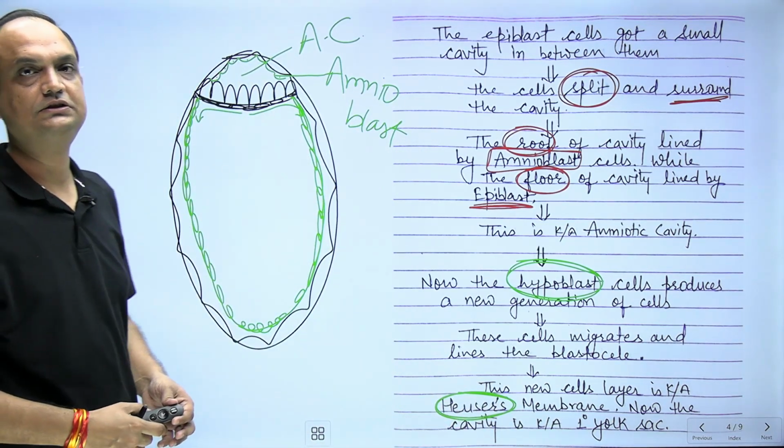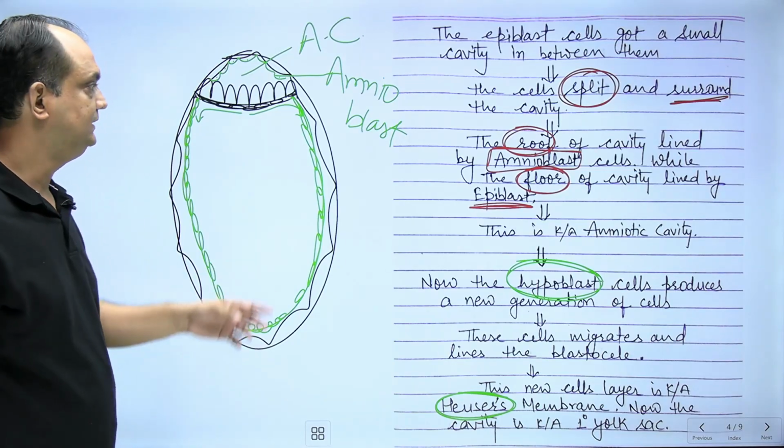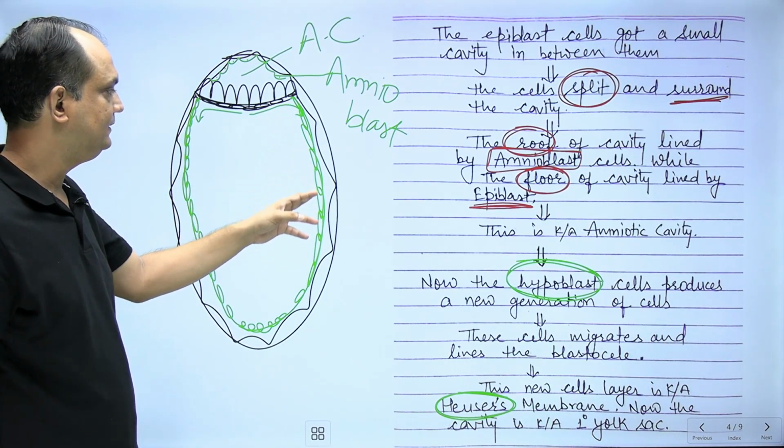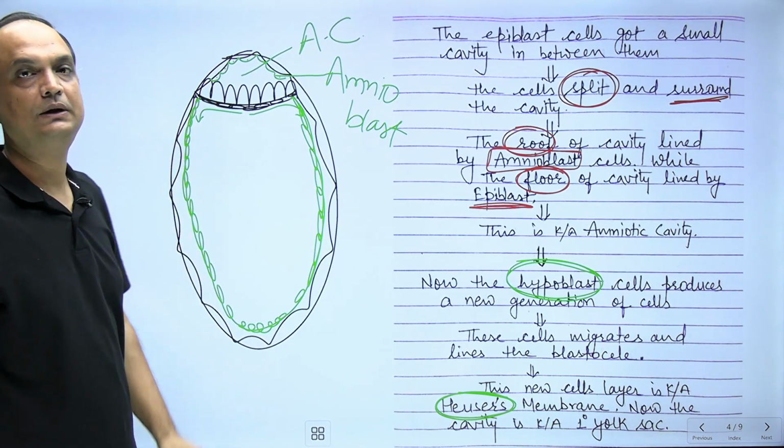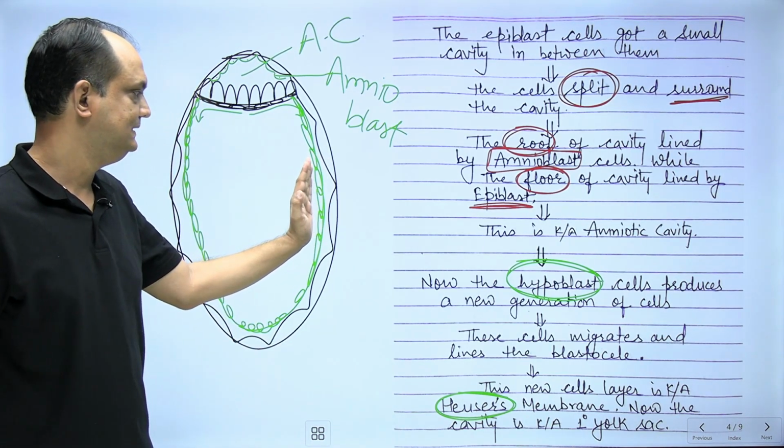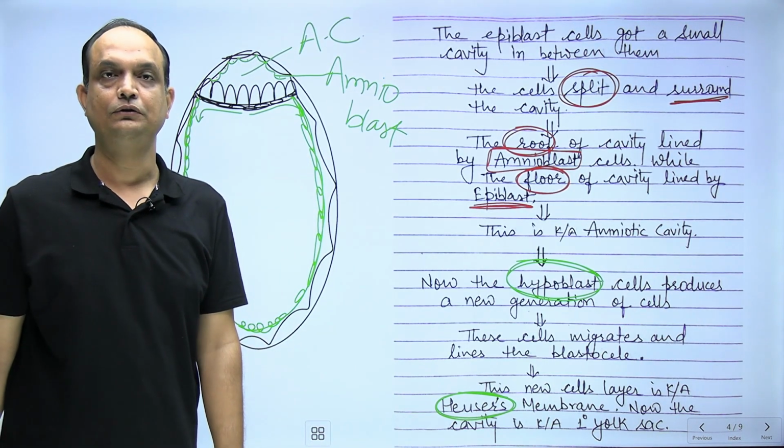So what is Heuser's membrane? Heuser's membrane is nothing but a cell layer which is formed by migration of the cells of hypoblast, and these cells lie on the inner side of the cytotrophoblast.